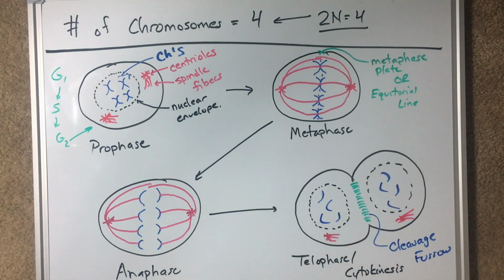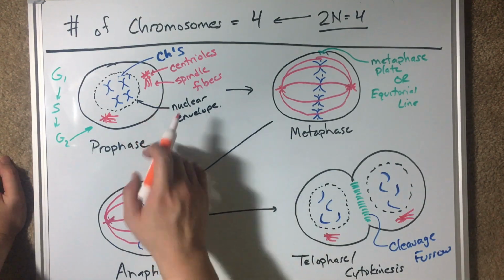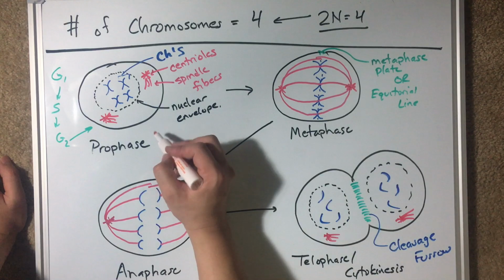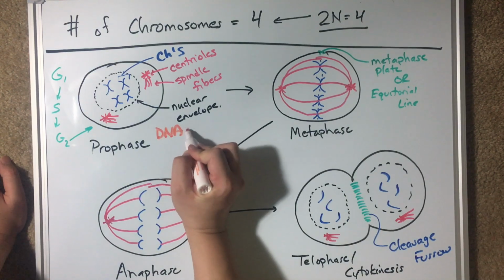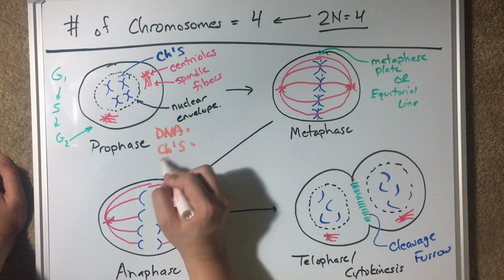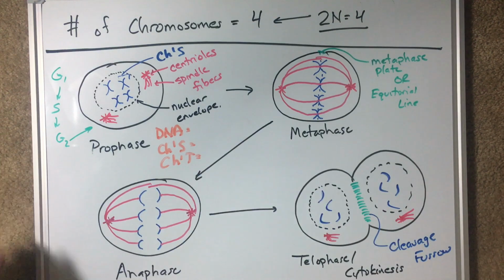Now, you're probably wondering, how do I count the number of chromosomes, chromatids, and DNA molecules? Let's go ahead and do it. So as you can see here, let's go ahead and go to prophase first. So I'm going to say DNA, chromosome, chromatid. So how many DNA molecules do we have here?